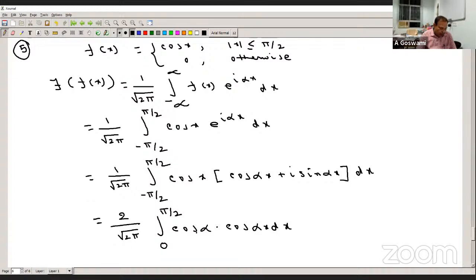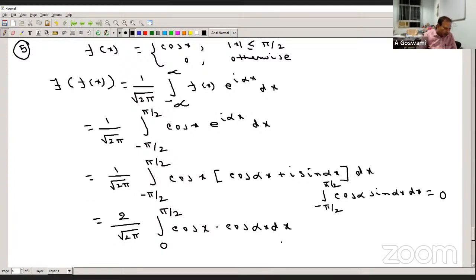The other value, since it is odd, that is the integral from minus pi by 2 to pi by 2 of cos x sin alpha x dx, is an odd function, so the value becomes 0. So now I have to only evaluate this: cos x into cos of alpha x dx.